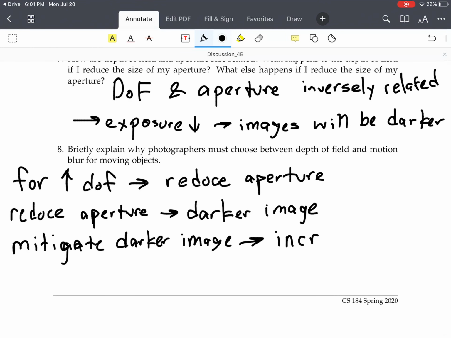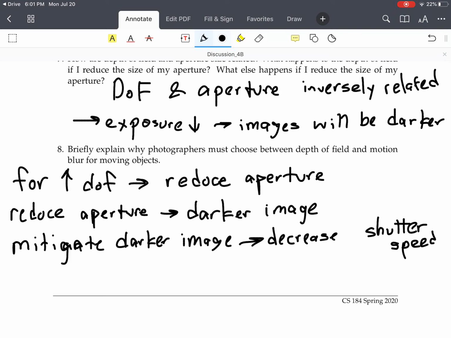Right, so we can increase the shutter speed. Oh, sorry, that's my bad, that should be decrease. So we're decreasing the shutter speed and correspondingly increasing the amount of time the shutter is open, right?